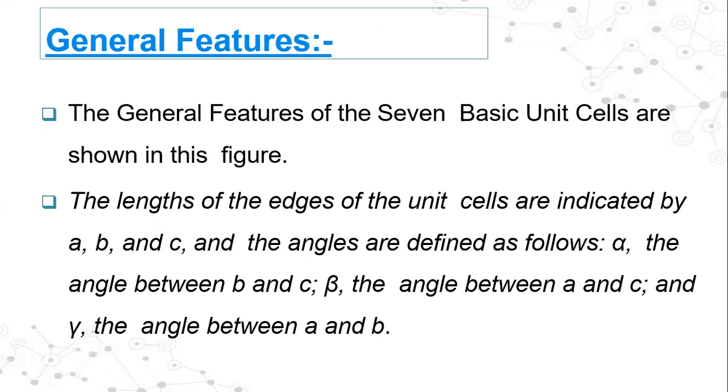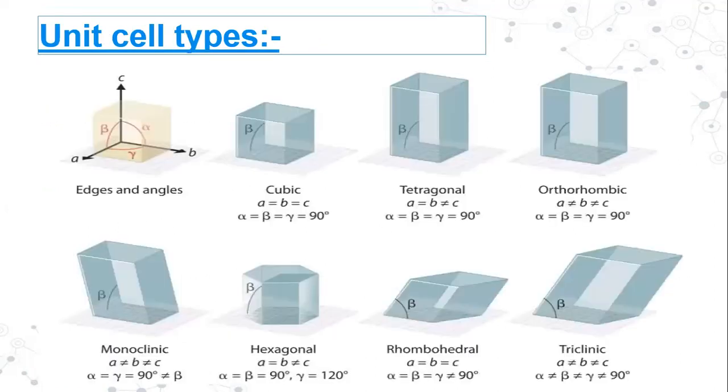The lengths of the edges of the unit cells are indicated by A, B, and C, and the angles are defined by alpha, the angle between B and C, beta, the angle between A and C, and gamma, the angle between A and B. So these are the defined angles for the different types of unit cells, which are found in the 7 types. You can see it in the picture.